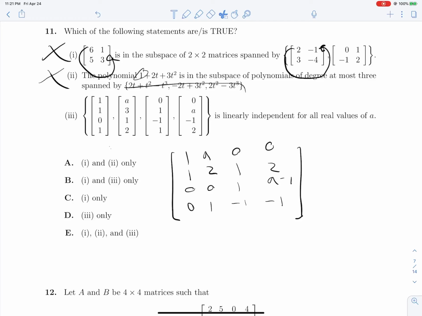I'll do it, whatever. 0, 2, minus A. Okay, so here we have a pivot position. Here we have a pivot position. Let's subtract row 3 from row 2. That gives us a 0 here and a 3 minus A in that position. So pivot, what else?